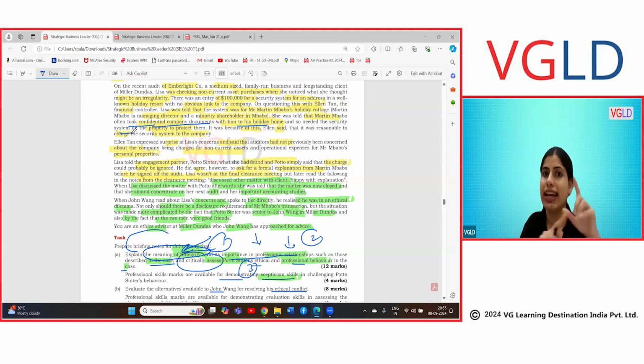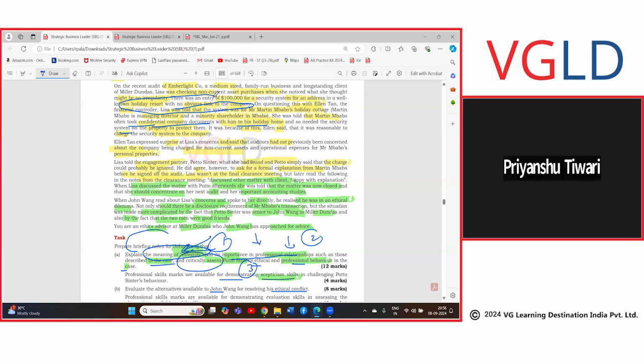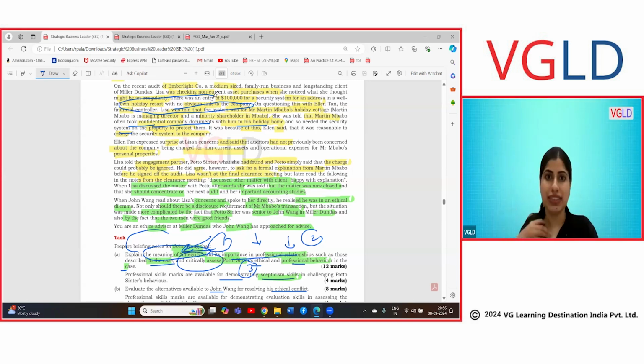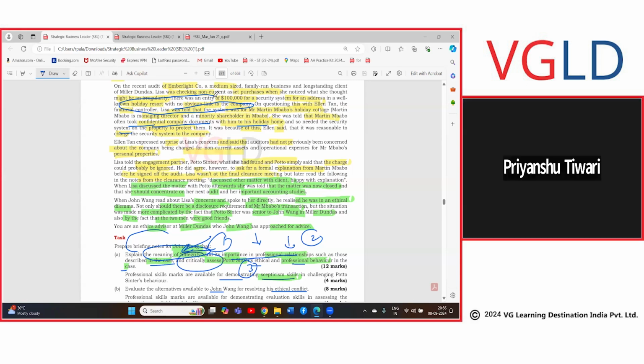Nowhere is it mentioned that the holiday home has a connection with the business. They say there is no obvious link with the company, that resort. I think it's just a trap.